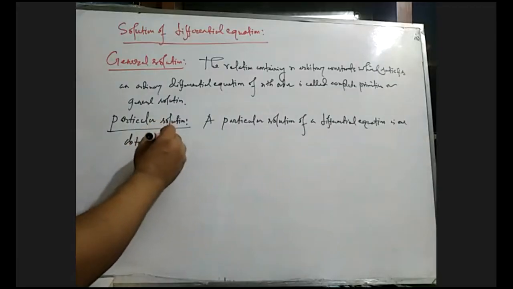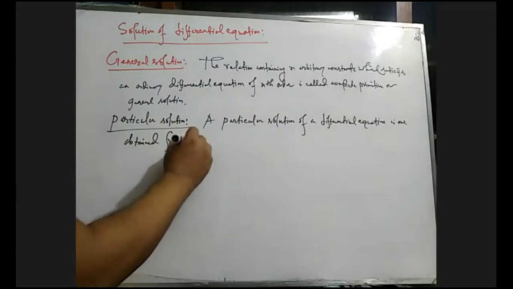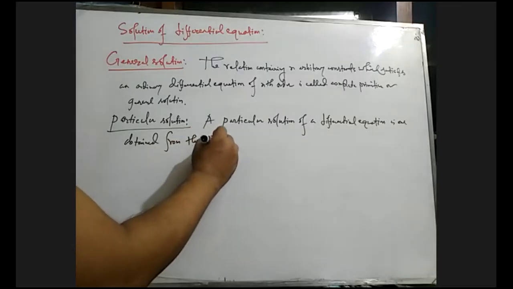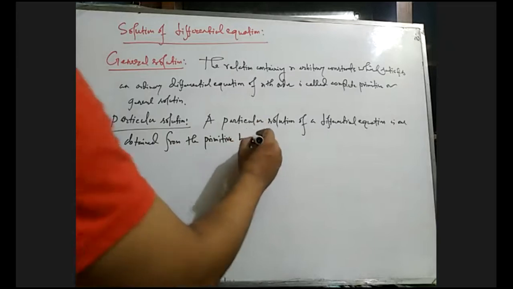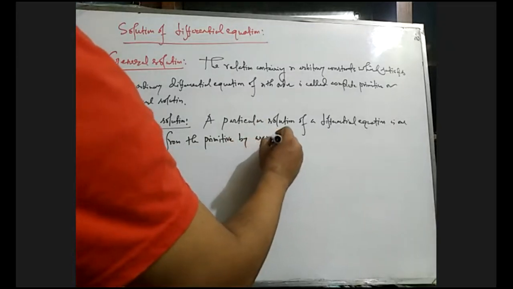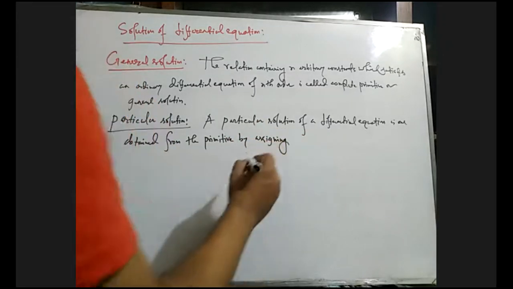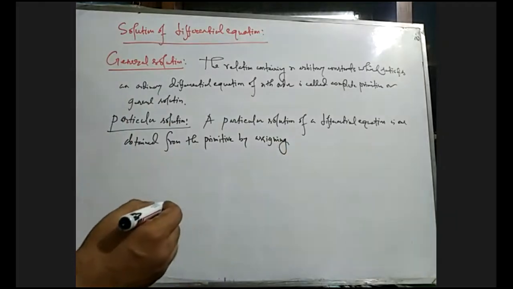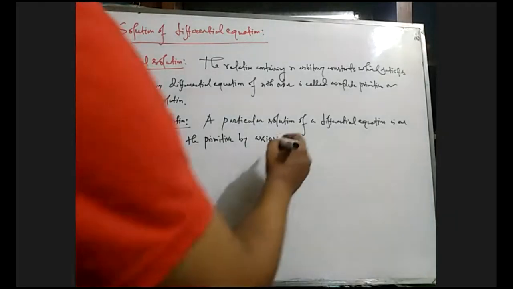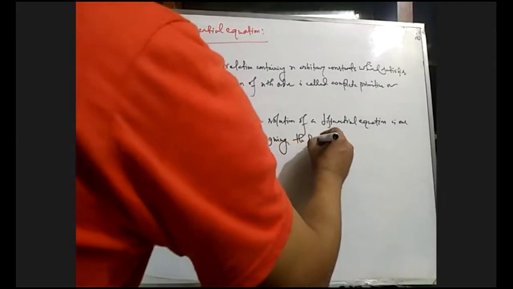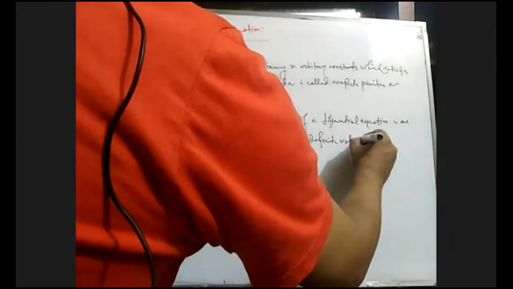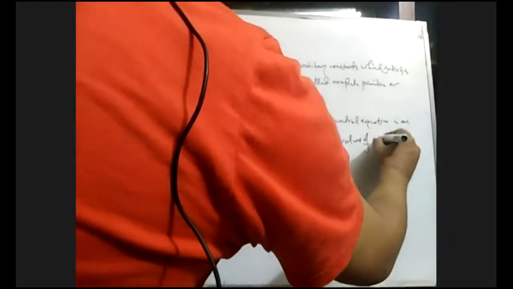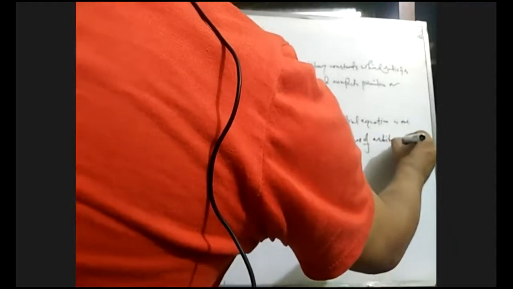is one obtained from the primitive by assigning the definite values of arbitrary constants.